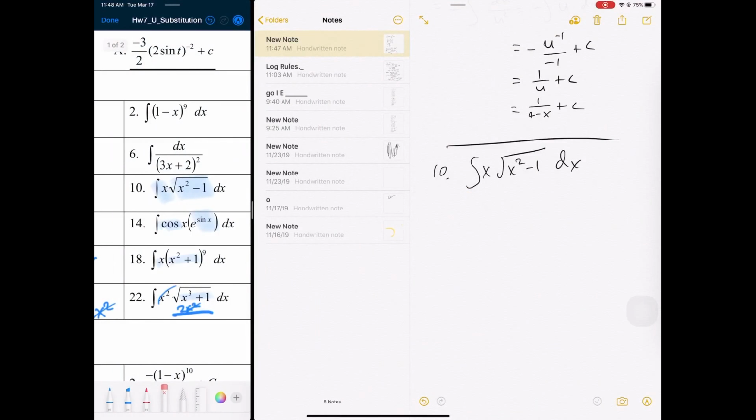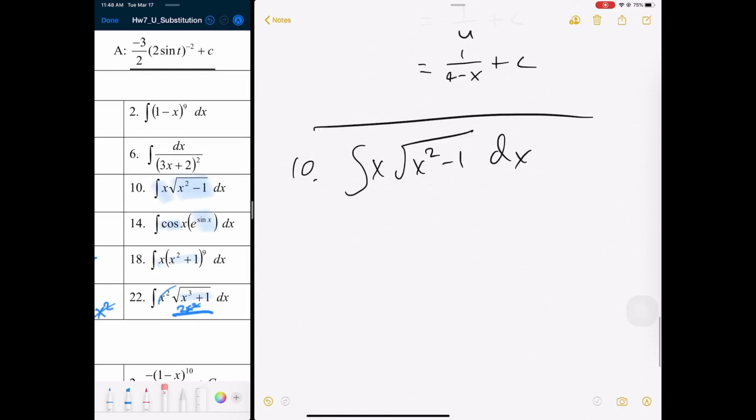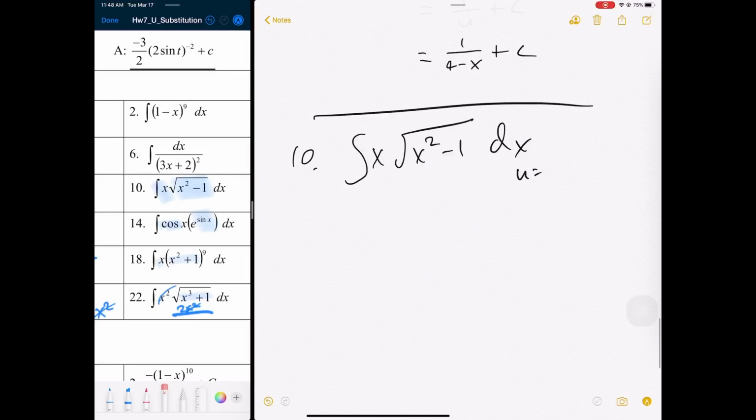I'm going to use u-substitution. u is equal to x squared minus 1. Automatically, once you have the u, go ahead and take the derivative. du is equal to 2x dx. Again, the derivative of x squared minus 1 is the derivative of x squared minus the derivative of 1.